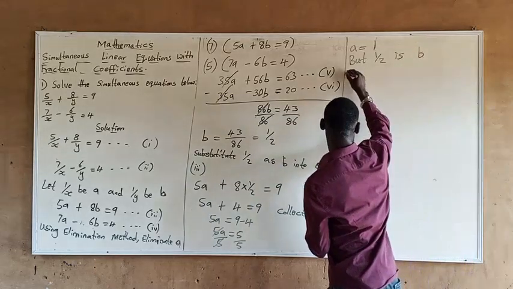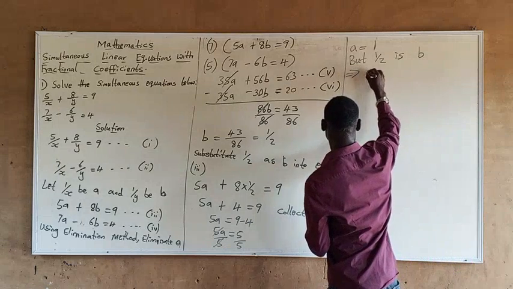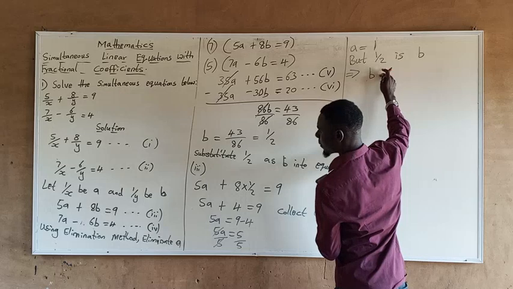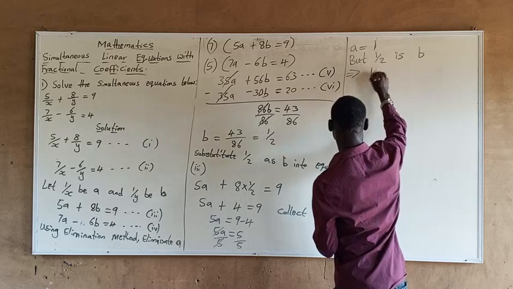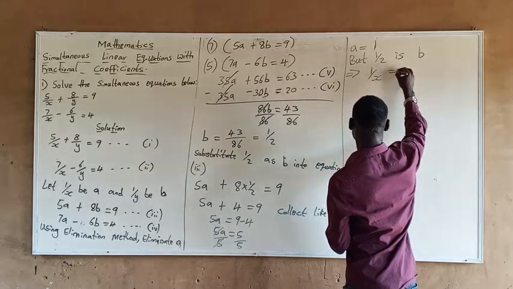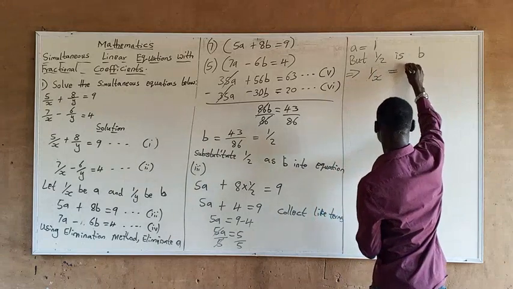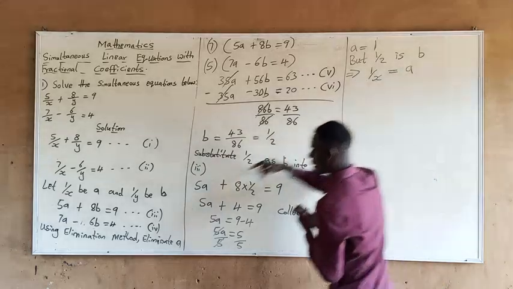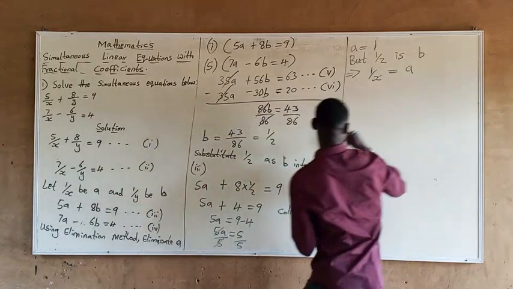That means this implies that 1 over x is equal to b. So sorry, it's equals to a. Look at this place here. It's equal to a.